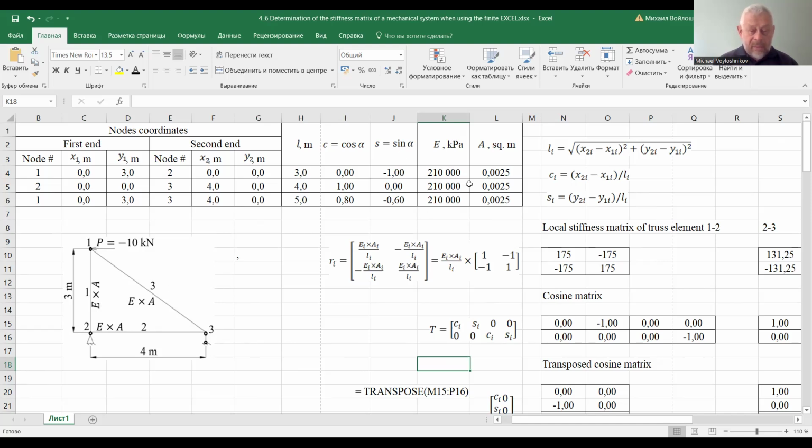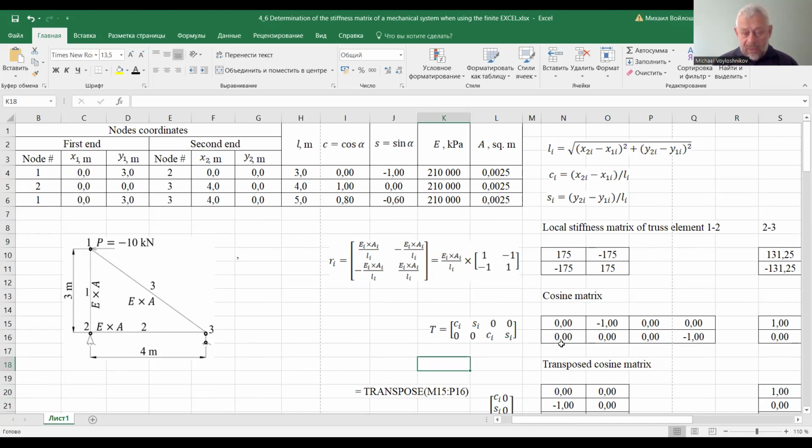The sine is -1 because of the angle of inclination to the positive direction of the abscissa axis. This is the beginning of the finite element, this is the end. So the angle of inclination is -90 degrees, minus pi divided by 2.